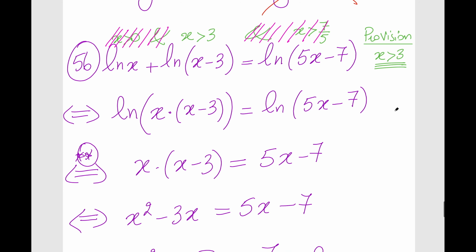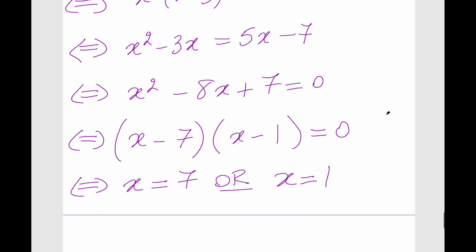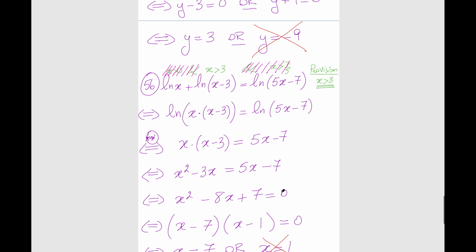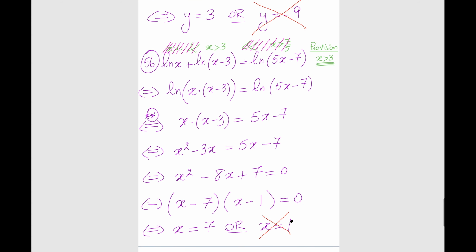Okay, so I'm going to just retain the one that's bigger than 3. Which one is bigger than 3? This is bigger than 3, but this is not. So this one is to be rejected, right? For those of you who did it by hand, checked by hand, plug in x equals 1.